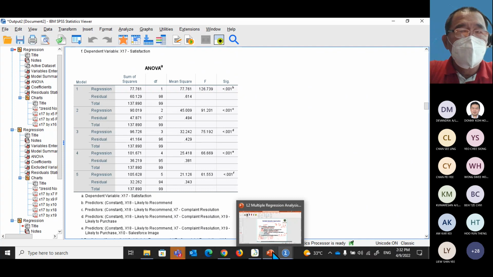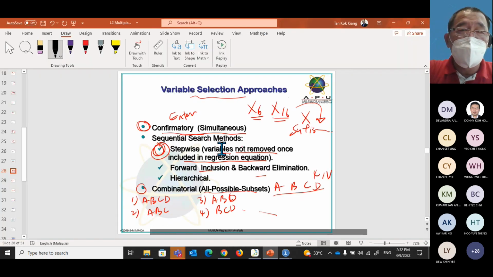Forward and backward may try different combinations and are more time-consuming. Stepwise is more efficient, you can get the result a bit faster when there are many variables, because the variables are not removed once included in the regression equation. They test a new one, and the old one is already confirmed to be in the equation.